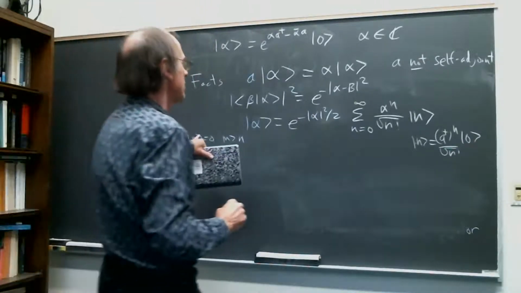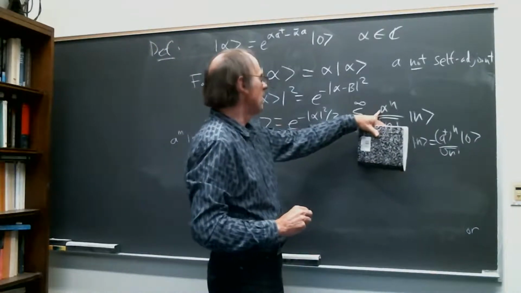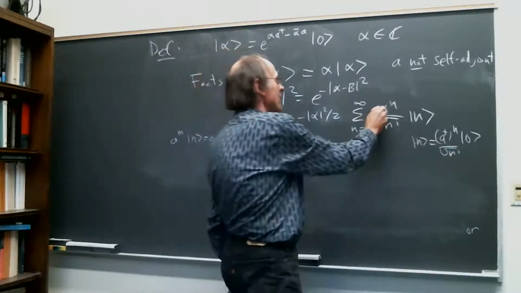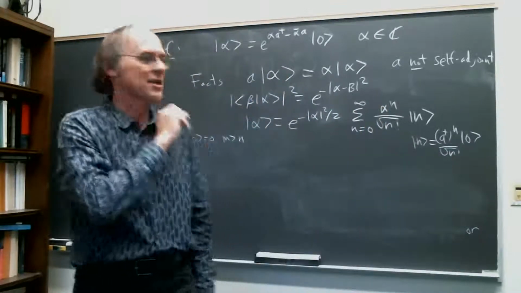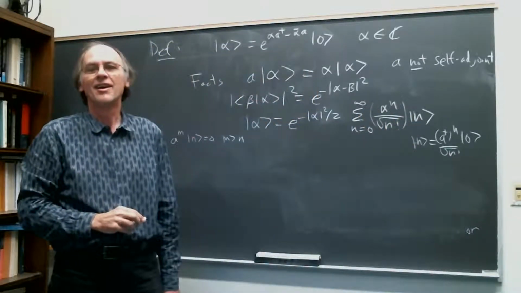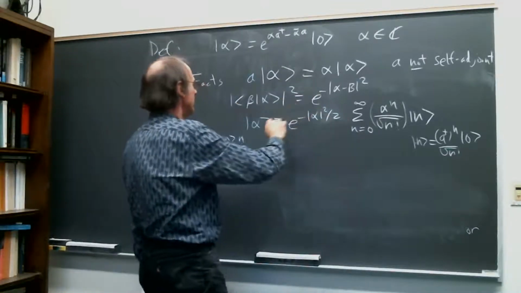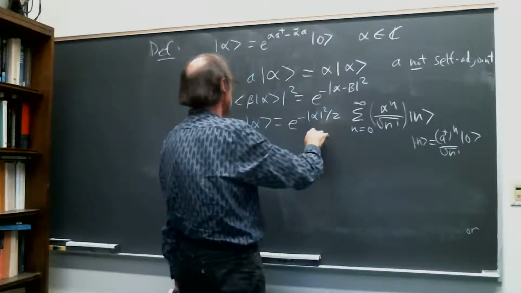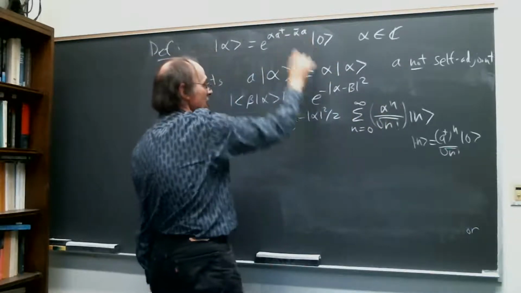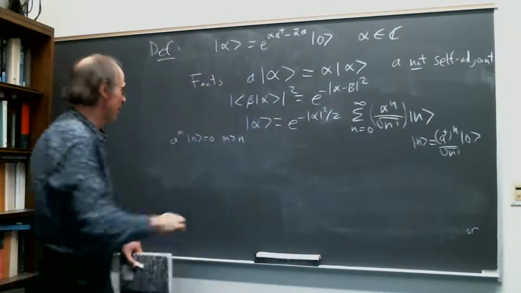But wait, sorry, this is alpha. Oh wait, this is alpha, not A. Yeah, so this is just a number. Oh, okay. I missed that. Sorry. Yeah. Okay. I see why you're confused.